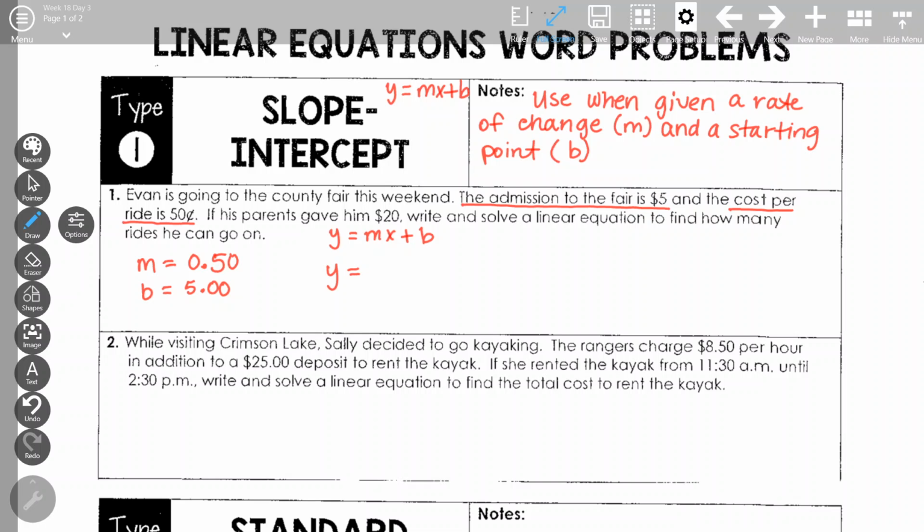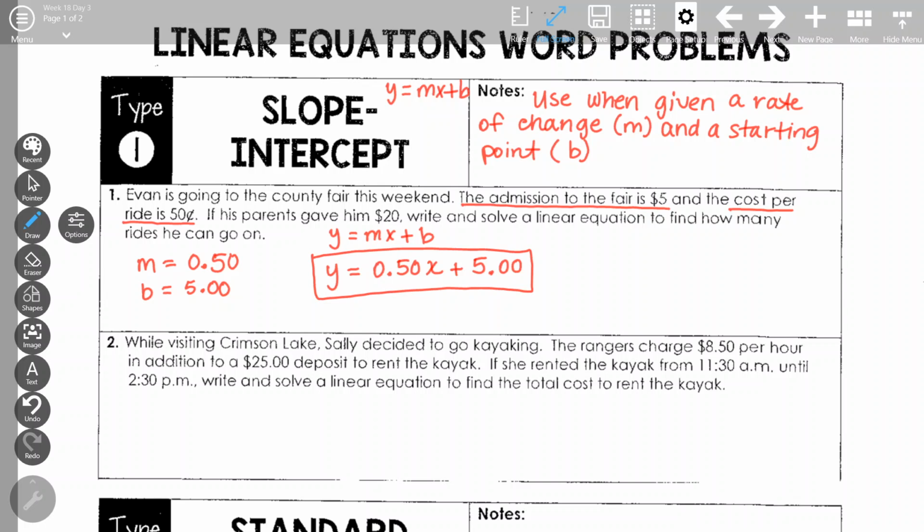So y equals, the m is the slope, how much it costs per ride, 0.50, and then we're going to keep our x. And then we're going to add the $5 admission fee to that, which is the y-intercept. So that is the first part, because it says write and solve a linear equation. So this is the linear equation.